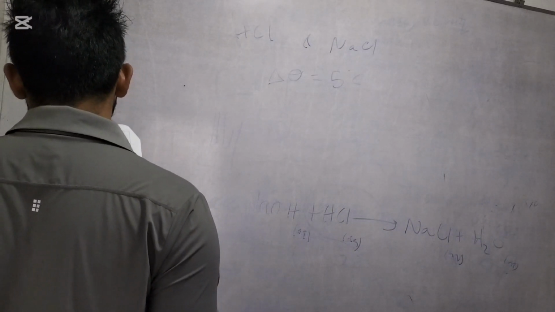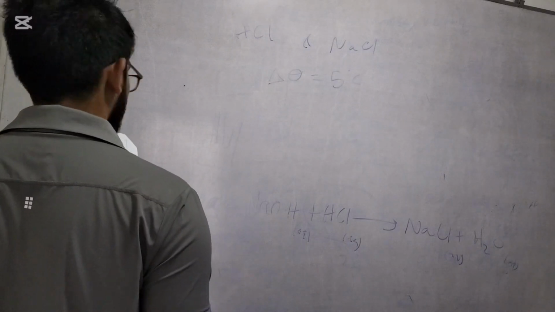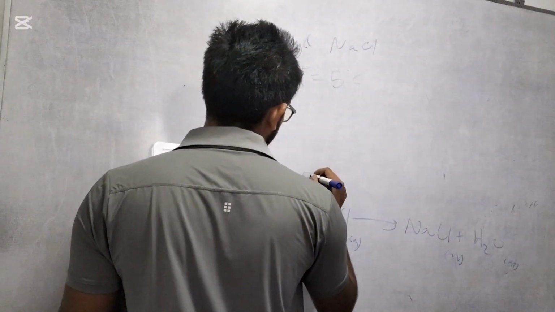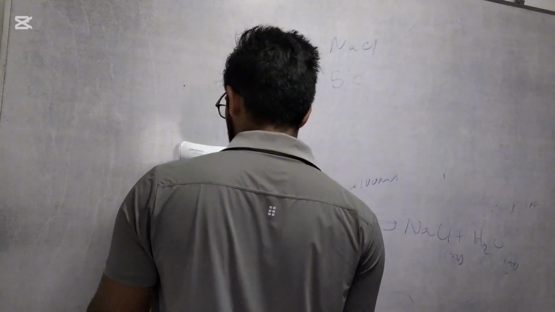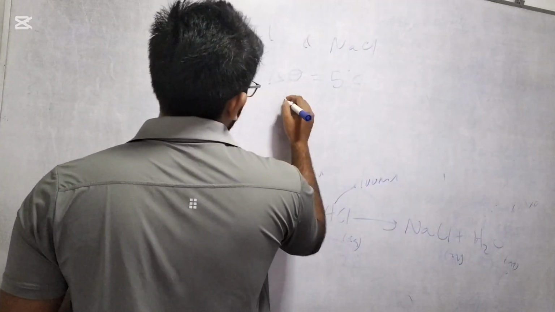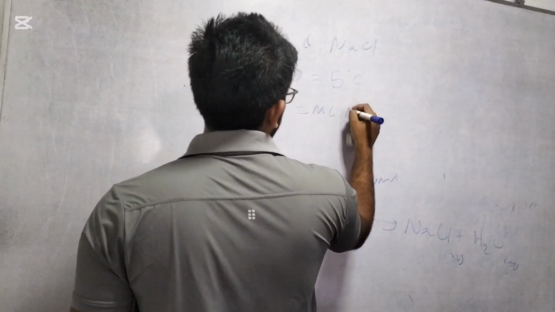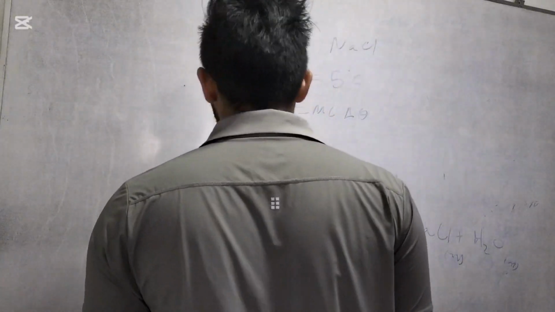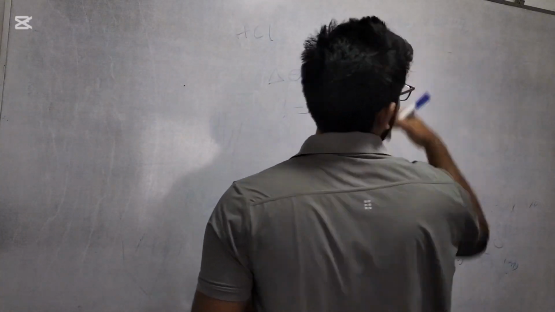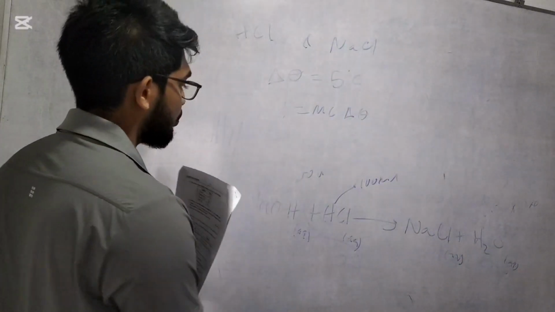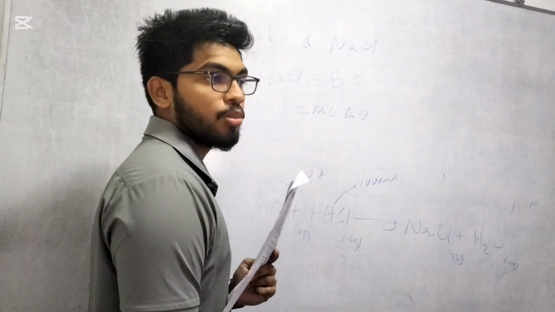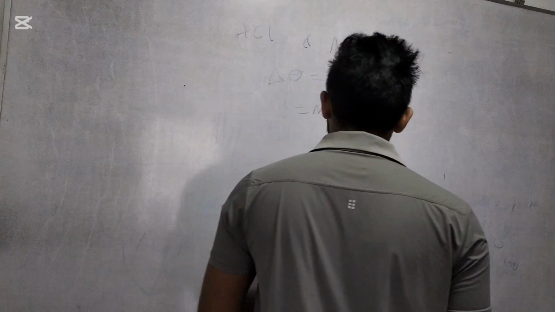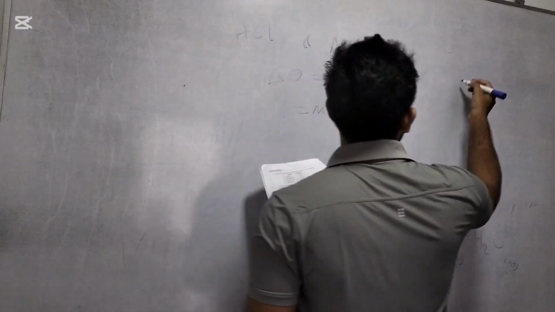When 100 milliliters of each solution are mixed, the equation is Q equals mc delta theta. Now we have to get the total mass from both of the solutions, which would be 200 milliliters.